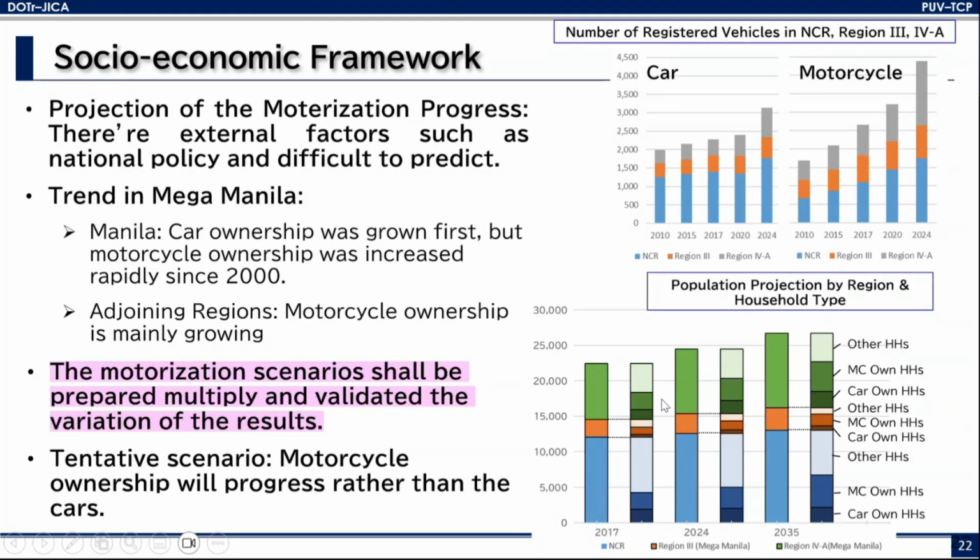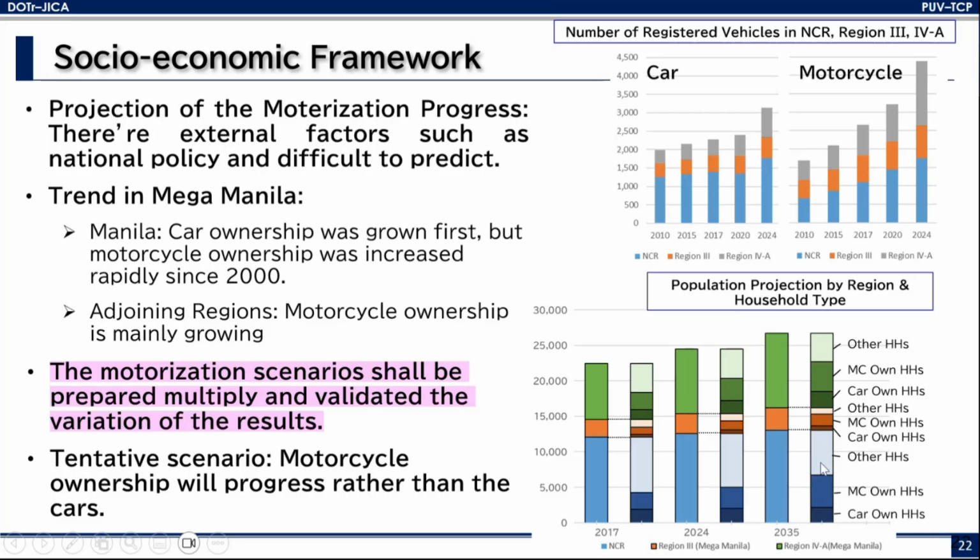So in 2035, more motorcycle-owned households in the Mega Manila levels, and relatively the private non-owner households who are supposed to be the main user of the public transport services will be decreased gradually.